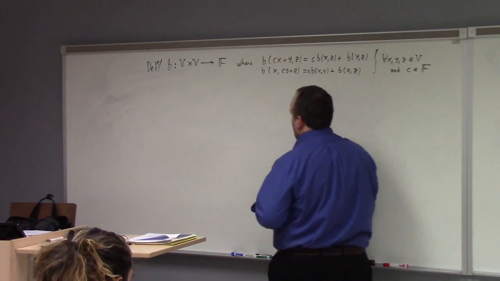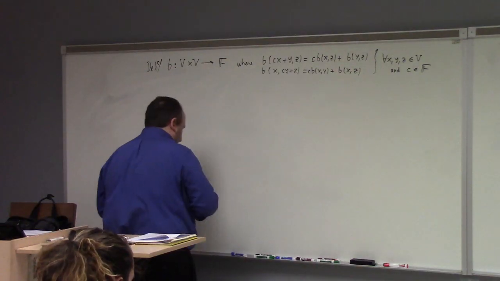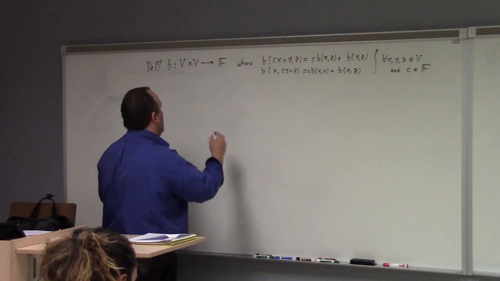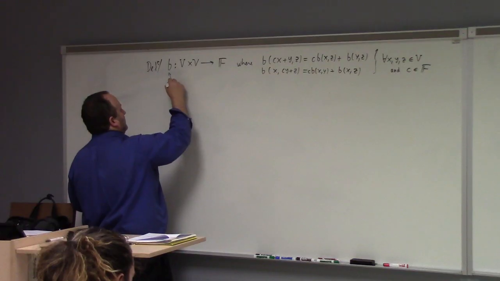If this is the case, then we say that B is a bilinear map.